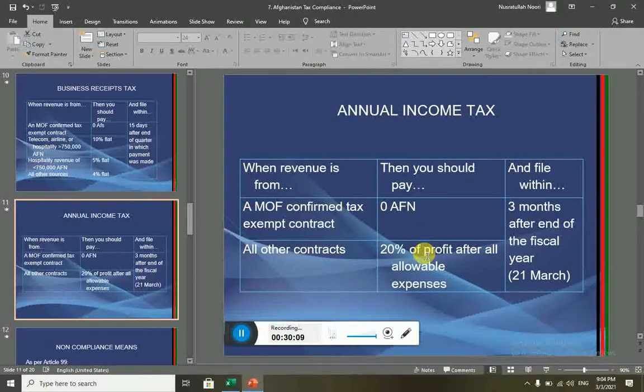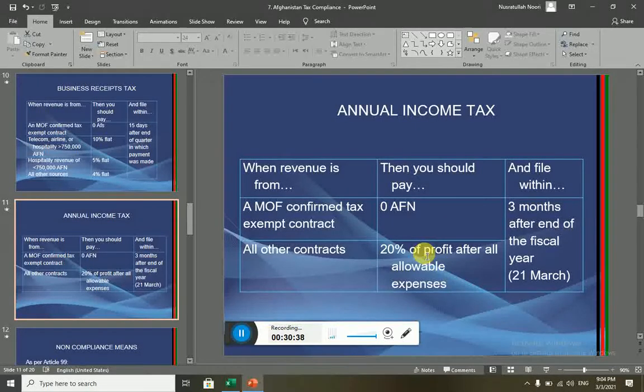For example, 2020 has already finished, so until March we have time here to calculate all our revenues and prepare our income statement, prepare our balance sheet, close our books, for example journal and ledger and trial balance, and then prepare our financial statements.